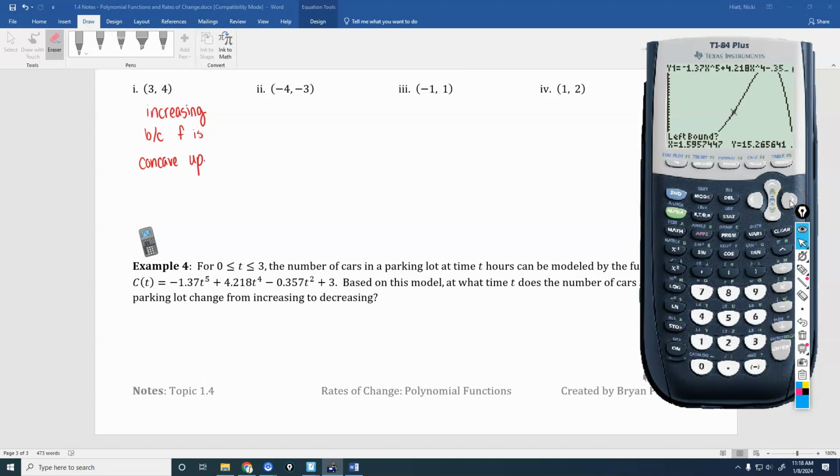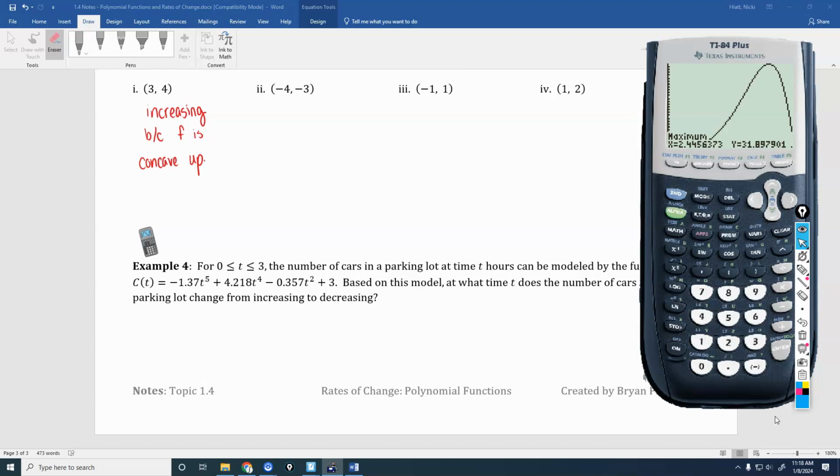And then it's going to say left bound and right bound. So I'm going to go up here close to the top of the mountain. I'm on the left side. I'm going to hit Enter. Then I've got to go all the way over the mountain to the other side. And I'm going to hit Enter for my right bound. When it says guess, I'm going to go back up here close to the top. And I'm going to hit Enter.